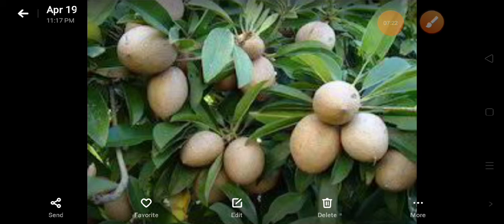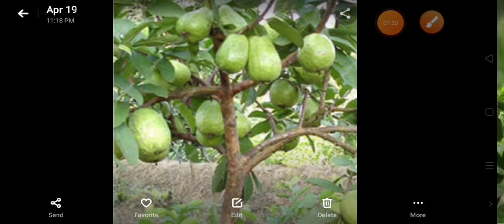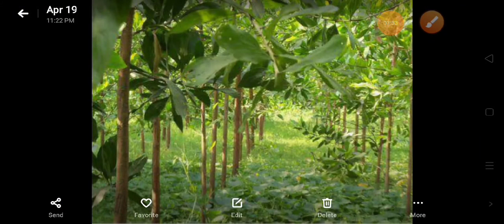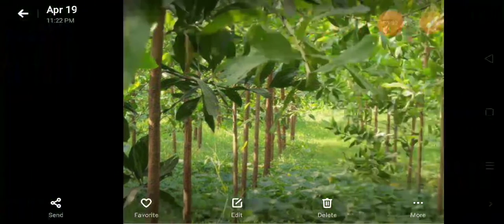Now see the images of plants and trees that grow in plain areas.